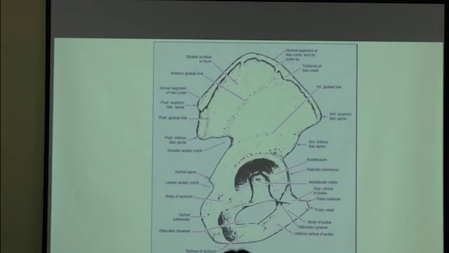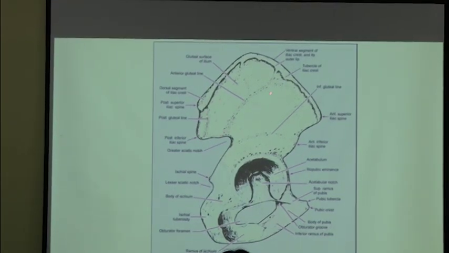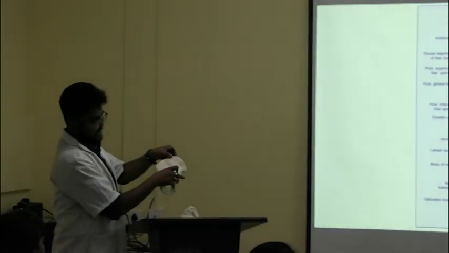Okay, now the gluteal surface. You can see here there are three gluteal lines present: the posterior gluteal line, another is the anterior gluteal line, another is the inferior gluteal line.